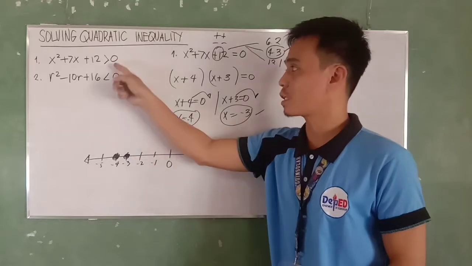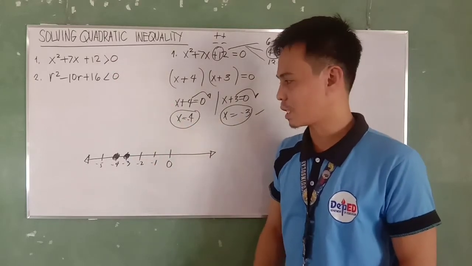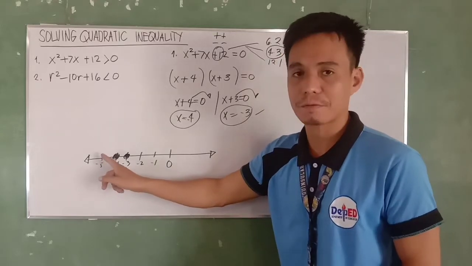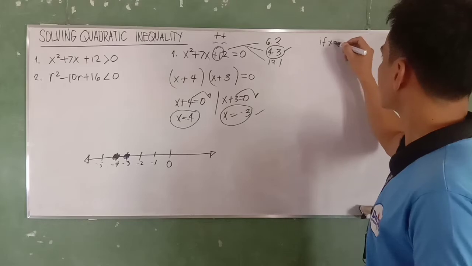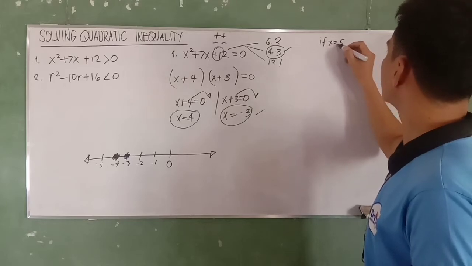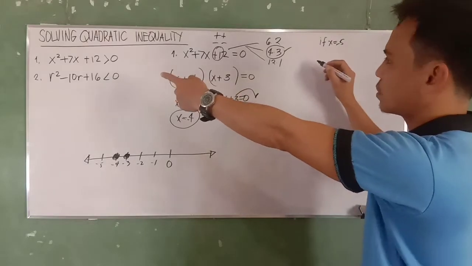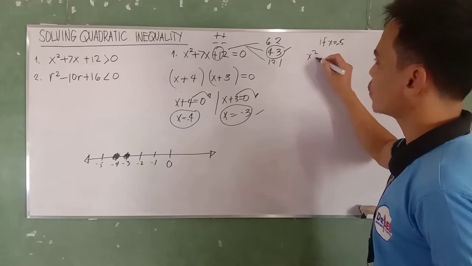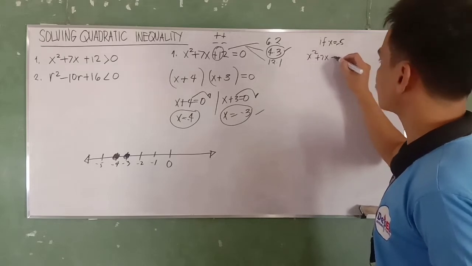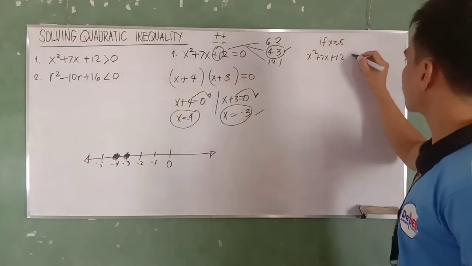We check whether they satisfy our original inequality. So, let's try negative 5. If x is negative 5, using the original inequality, x squared plus 7x plus 12 is greater than 0.